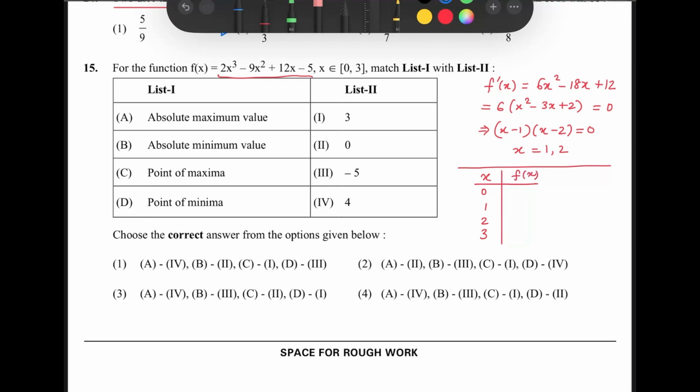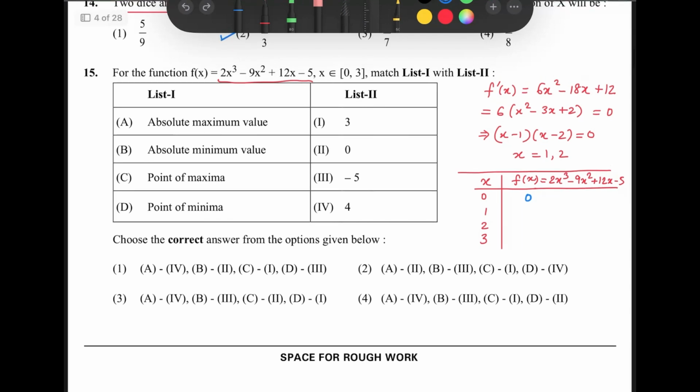Here is the whole function: f of x equals 2x cubed minus 9x square plus 12x minus 5. If I put x equals 0, I get minus 5. If I put x equals 1, 2 minus 9 plus 12 is 5, minus 5, I get 0. If I put x equals 2, 2 cube is 8, 8 into 2 is 16, minus 36, plus 24, is 4, minus 5, I get minus 1.